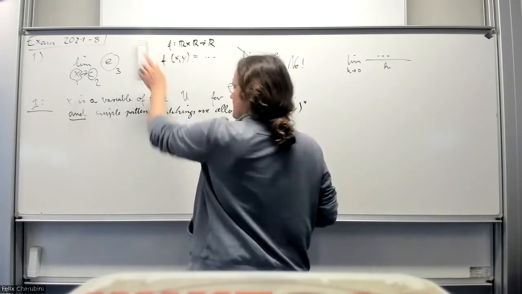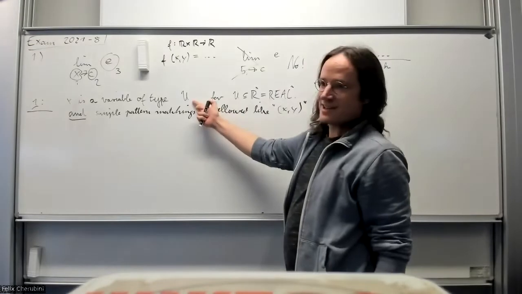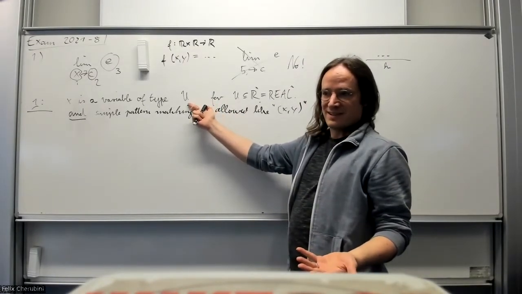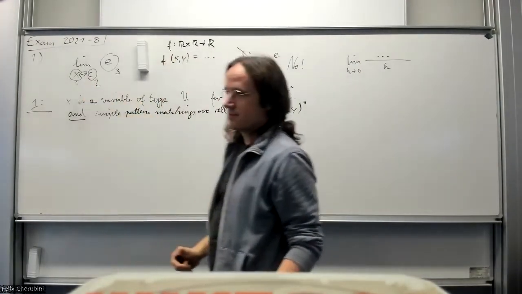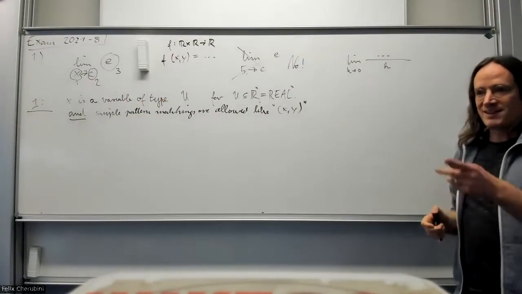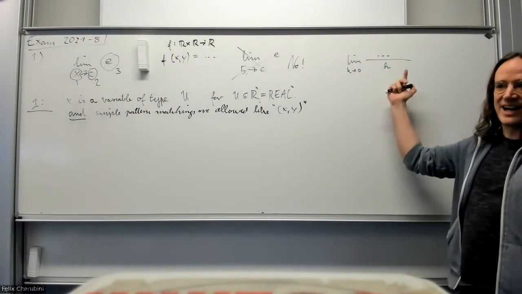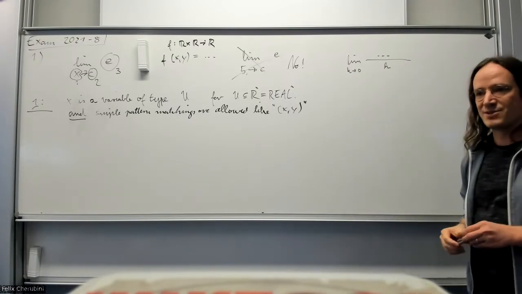Maybe it's better to say it without it, and the user has the freedom to choose U. And then I can say my U doesn't include C. So then I'm allowed to do your trick of dividing by h and then saying, okay, now I can just plug in 0.